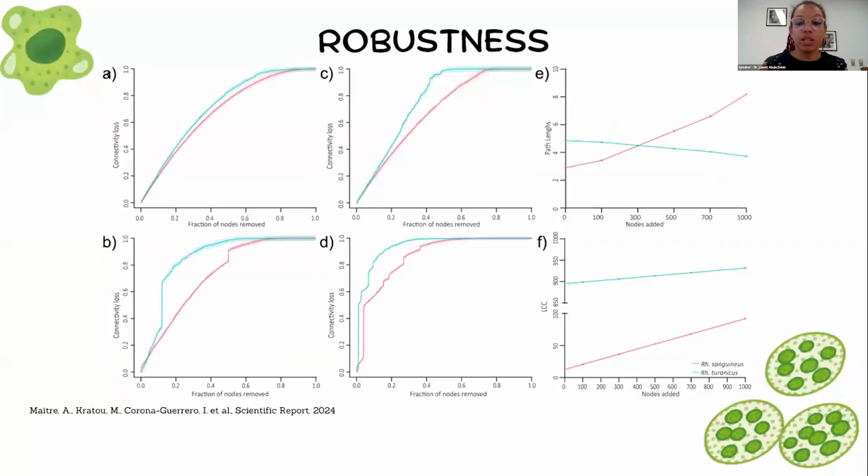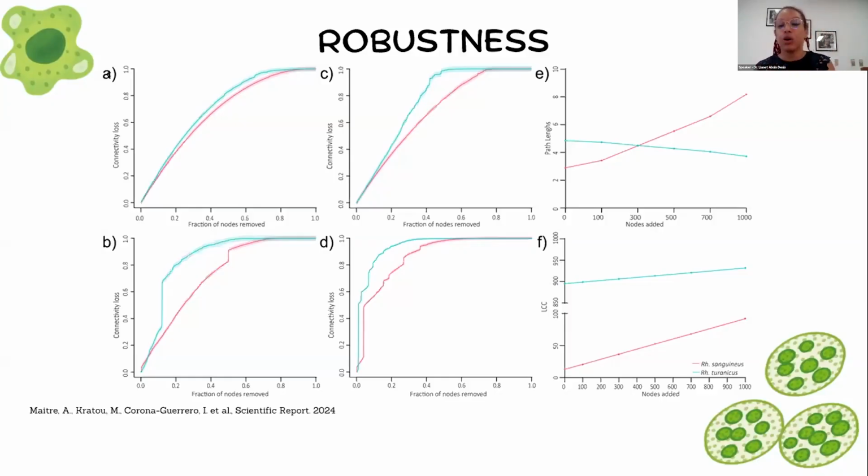One example of this is when we compare the microbiota of Rhipicephalus sanguineus and Rhipicephalus tyrannicus. Tyrannicus is the blue and sanguineus is the red, and we can see that in the case of tyrannicus, it is required to remove fewer nodes to reach a loss of connectivity of 80%, so to reach fragmentation of that community, compared to Rhipicephalus sanguineus.